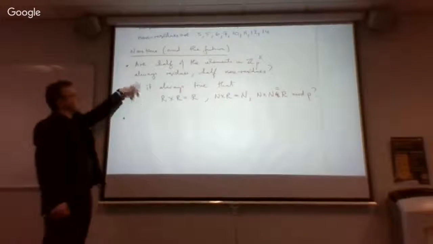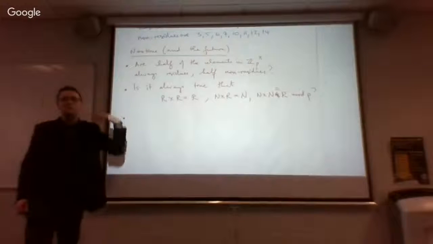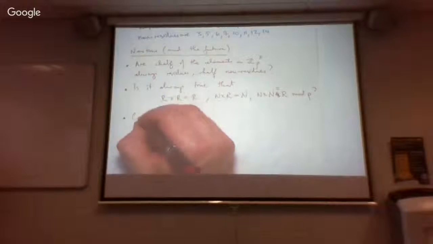And perhaps the most mysterious question, so these are things that we perhaps believe are true from looking at our examples. But the harder kind of problem which was raised by looking at the individual elements was: given an element n in Z_p, is n a residue?